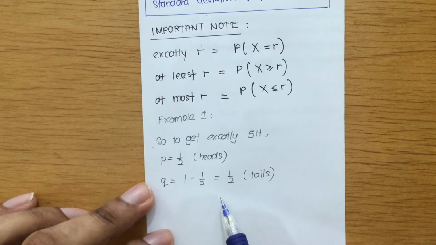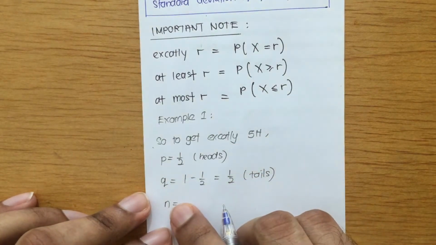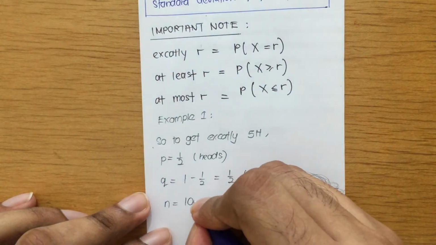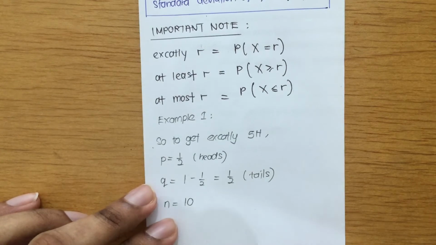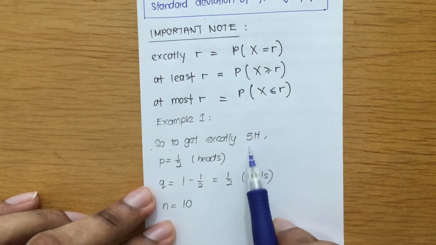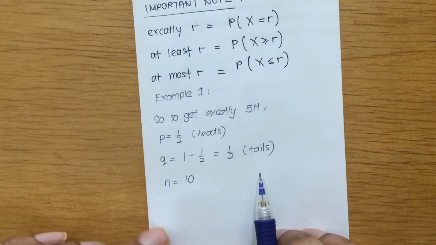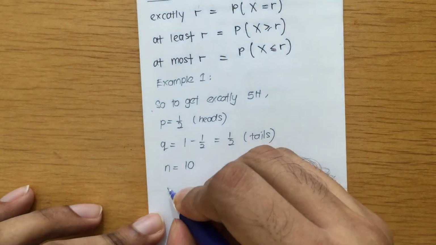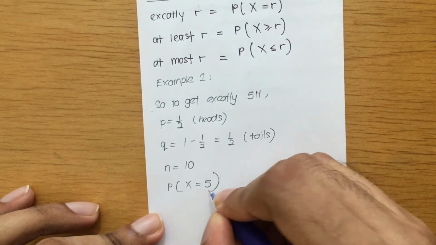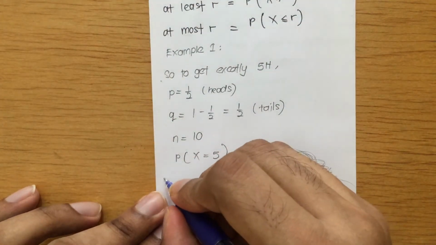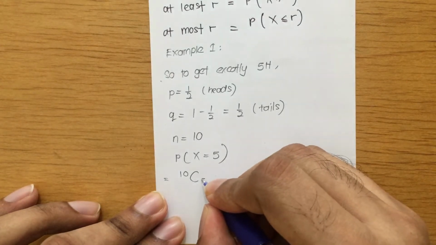You already have your probability of success and failure. Now proceed to find the number of trials. In the question, the number of trials is 10. And the number of successes which you want to find, in this case, is 5 heads. So that means you must get 5. In our calculation, for the probability X equals 5, out of the 10 trials you choose only 5.